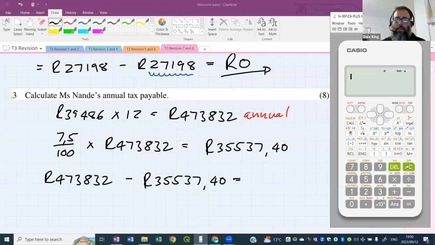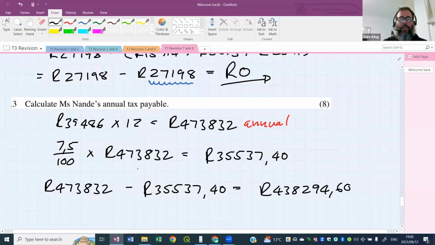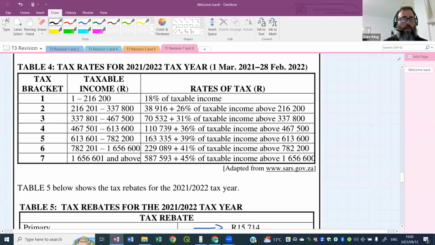So I'm going to say 473,832 minus 35,537.4. That gives us 438,294.6. All right, Ben. Yes, so that's the right one. So which bracket are we going to go?